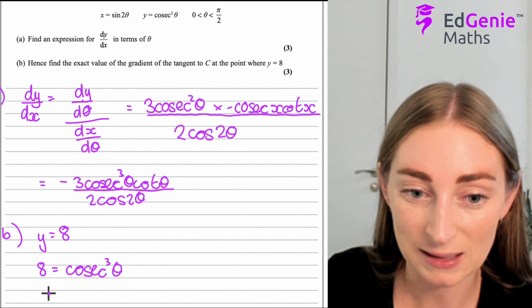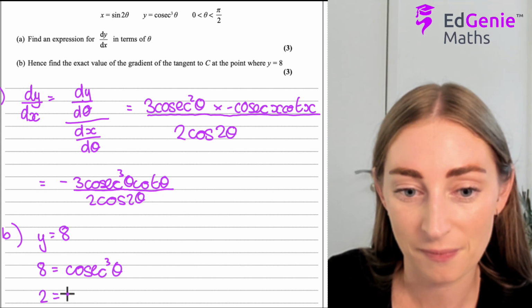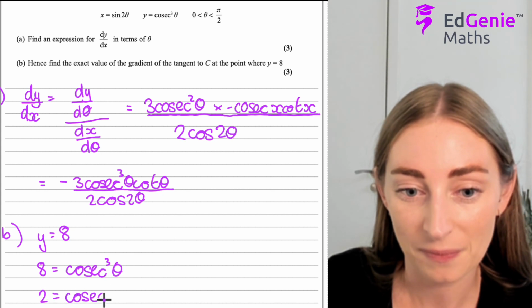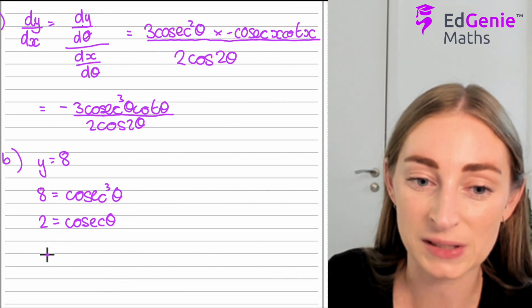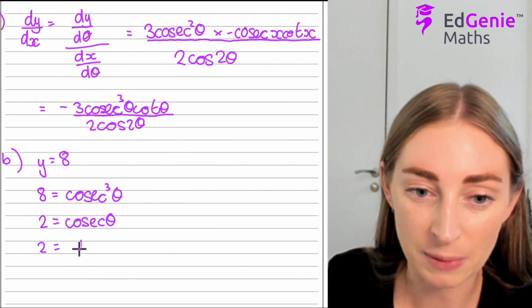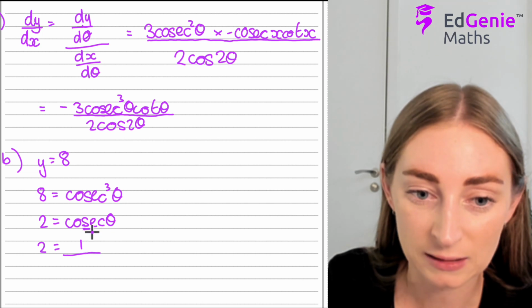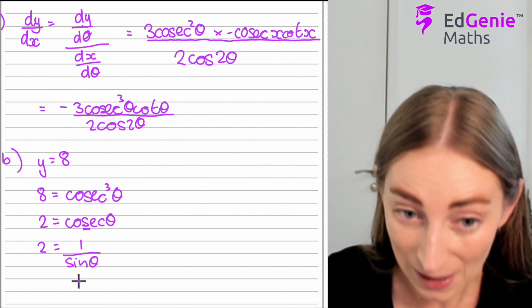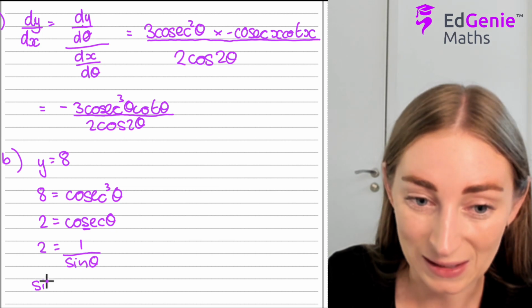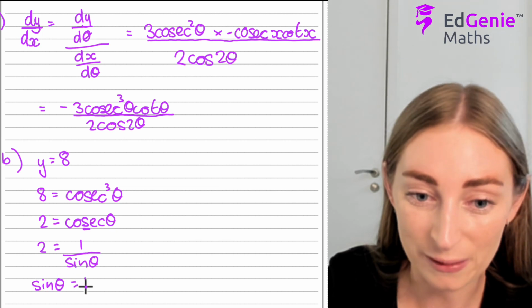Cubed root of 8 is 2. And cosec is the same as 1 over sine. I always look at the third letter. So if it's an S, it's sine. So that means that sine theta equals a half.